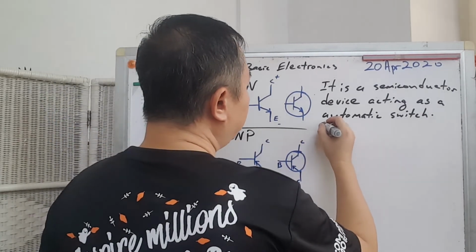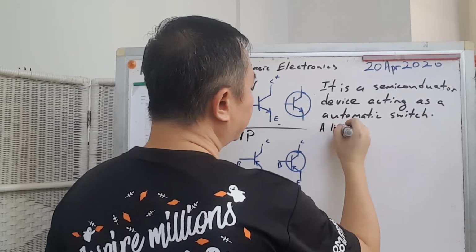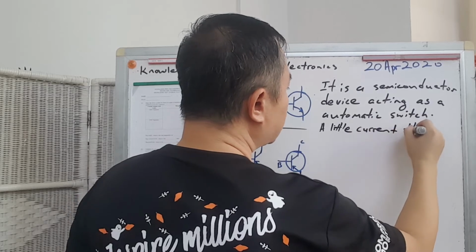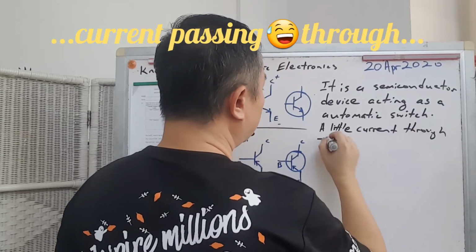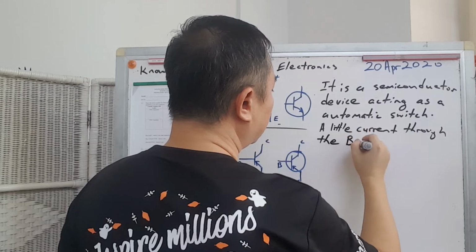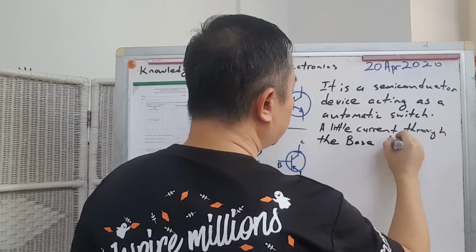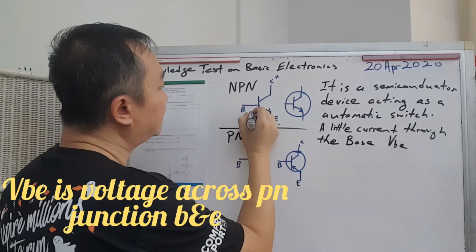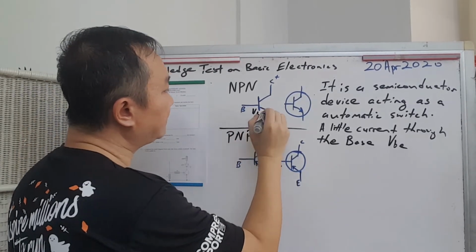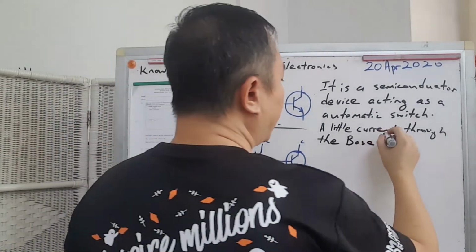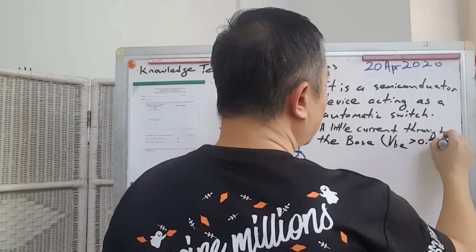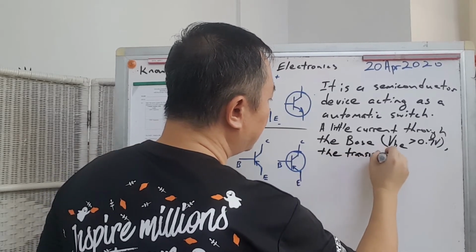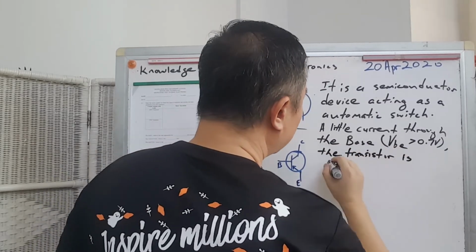When a little current, all right, passing through the base, okay, which we use a voltage difference, this part here, this is the voltage across the base and the emitter junction, greater than 0.7 volts, the transistor is now turned on.